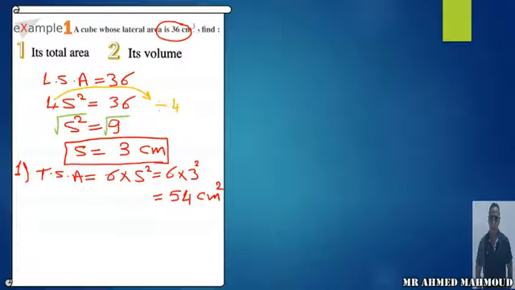We write centimeter square or square unit for every area. If we have lateral area or face area or total area, we use centimeter square or cm power 2. But if we have a volume, then we use centimeter cube or cm power 3.